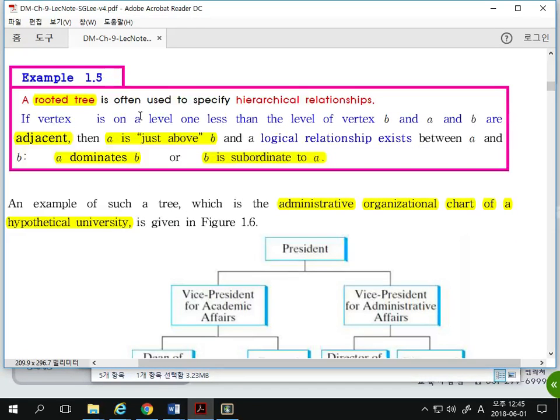And a rooted tree is often used to specify hierarchical relationships.